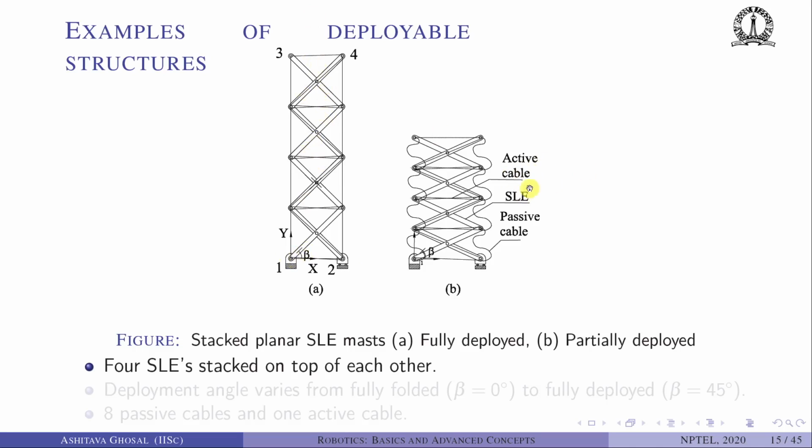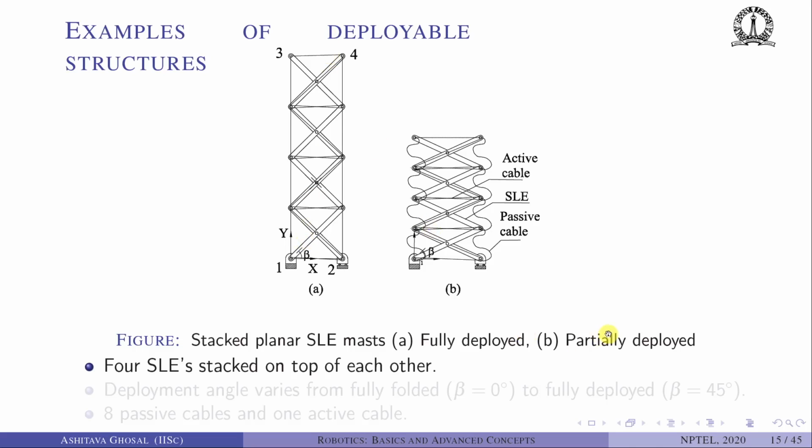As it is shown here, the passive cables are not taut. There is an active cable which is going like this, and so on, up to ending up here. So when you start rotating and pulling these active cables either from here or from some other place, these points will come near to each other and the height will increase.